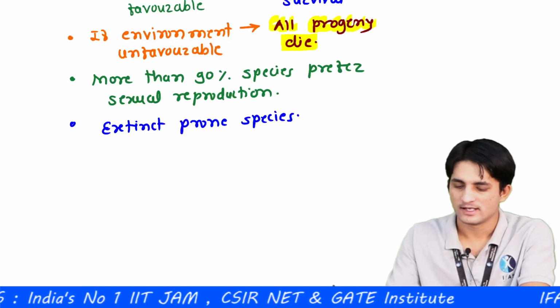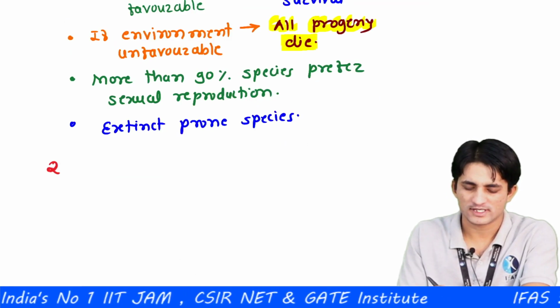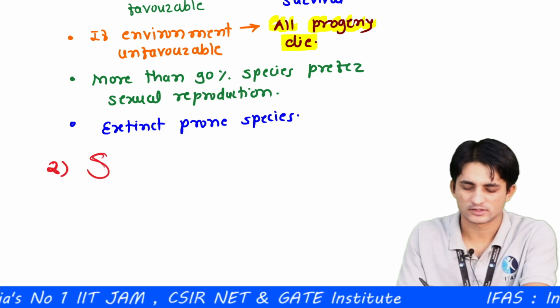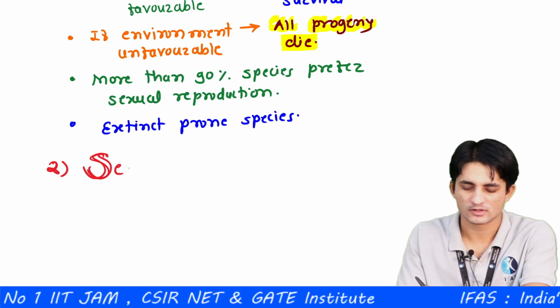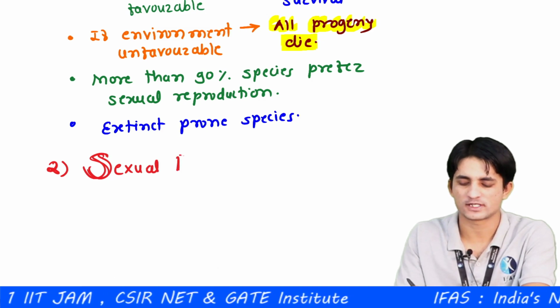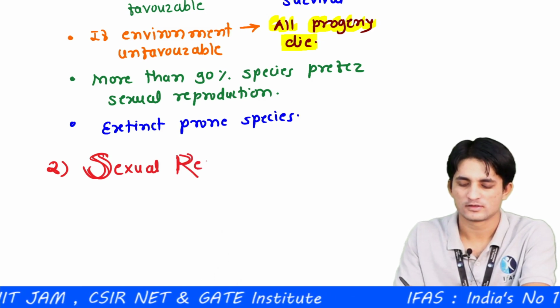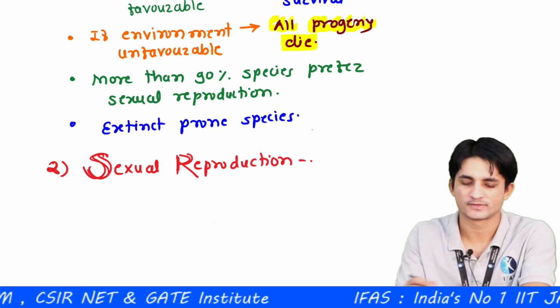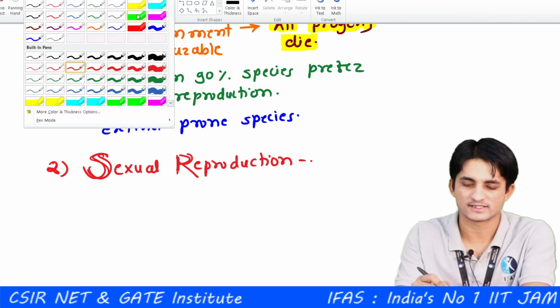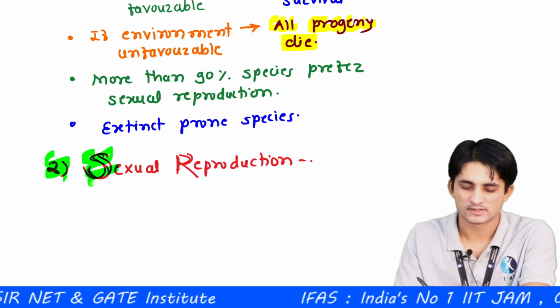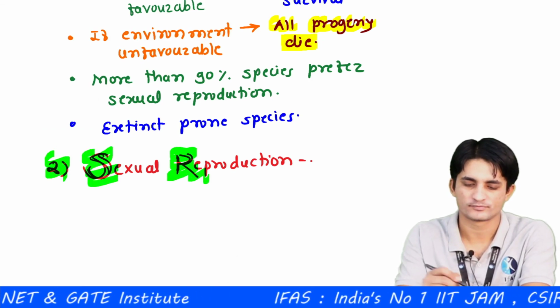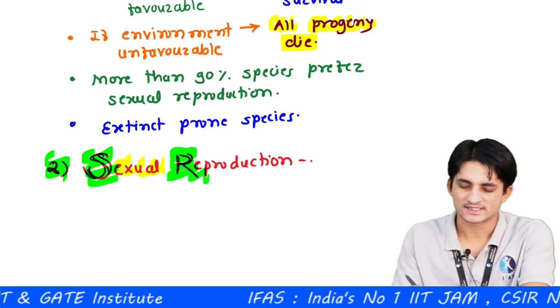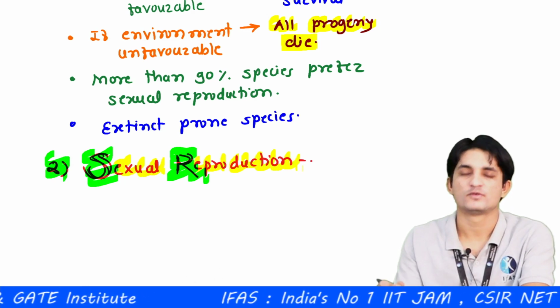Then as compared to asexual reproduction, the role of sexual reproduction, which is preferred by the organism, is that the organism wants variation.